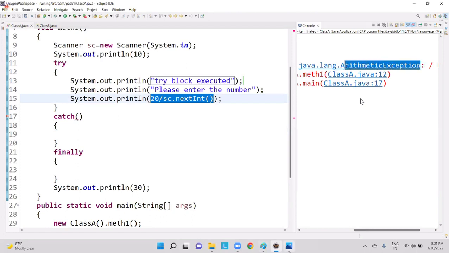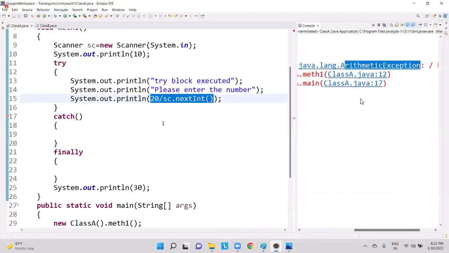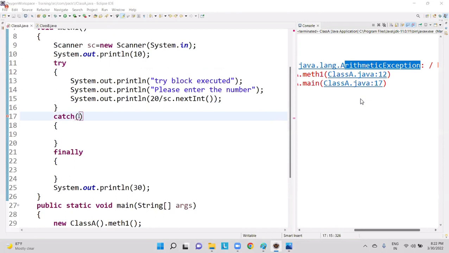So, guys, inside the catch block, what do we need to do? Inside the catch block, we need to handle the exception which occurred in the try block. So what is that exception? The name of the exception which is occurring inside the try block. Exactly, ArithmeticException.